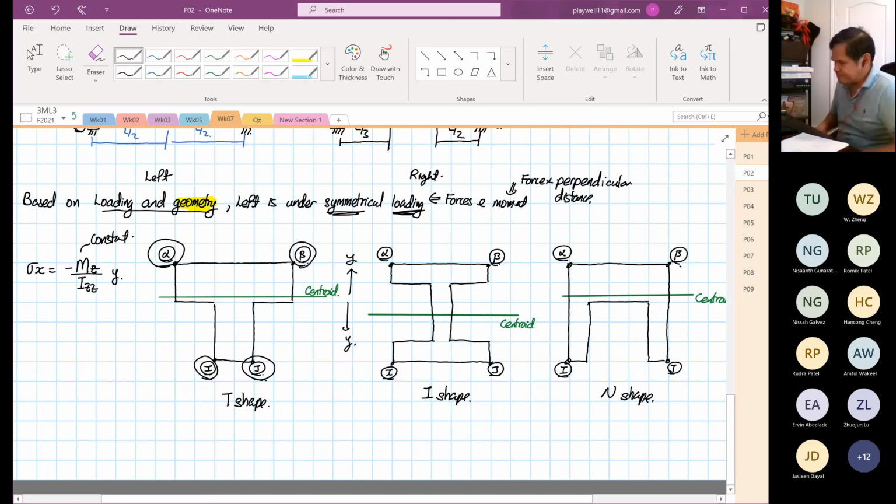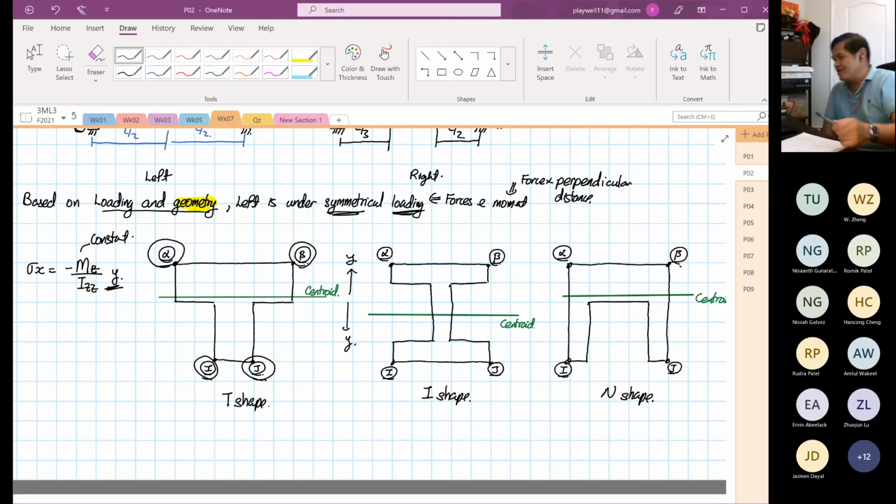Looking at the formula, the only variable is Y. Now, you tell me which one is symmetry by looking at the formula. Anyone?